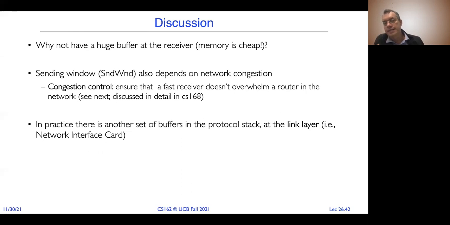A huge buffer at the receiver also means a huge buffer at the sender, right? And we'll see that a huge buffer in the network, for congestion control, means that the latency is going to increase significantly, because it's going to take longer to clear the buffer.